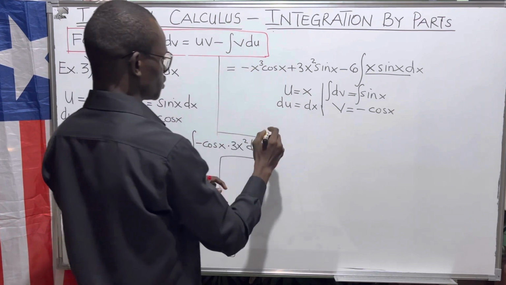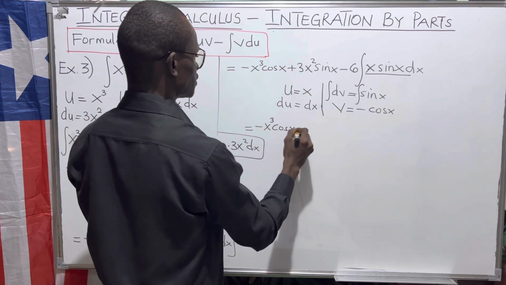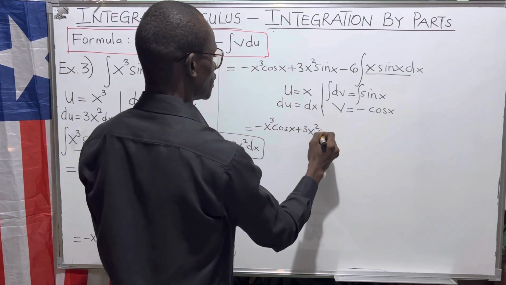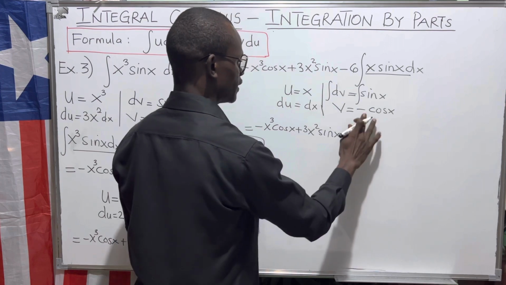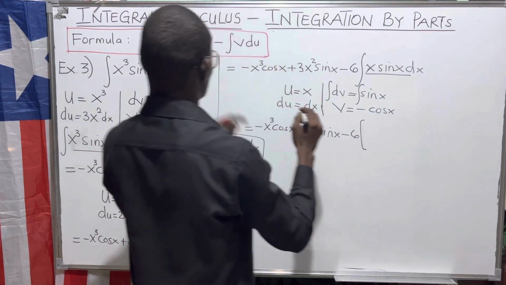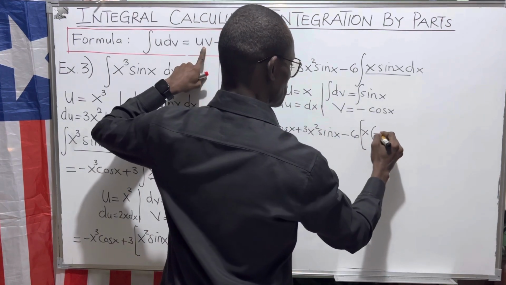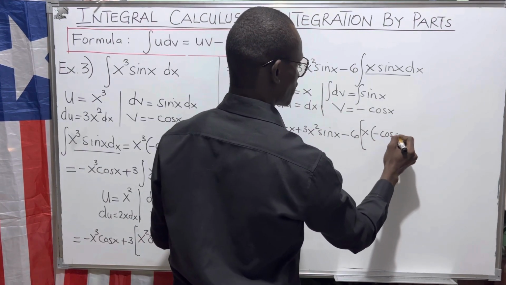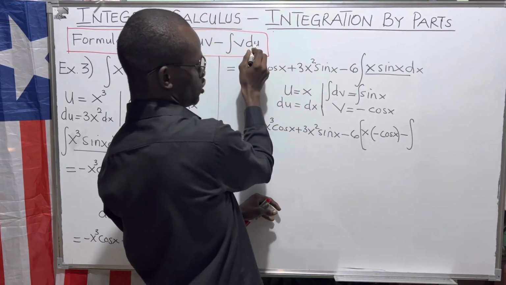So now we have minus x cubed cos of x plus 3x squared sine of x minus 6 times the integral of, now this should be rewritten as uv. What is u? U is x. V is minus cos of x, minus the integral of v du.